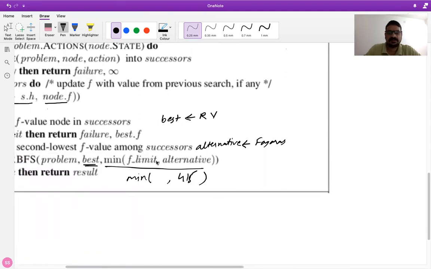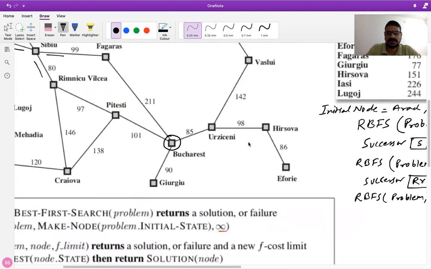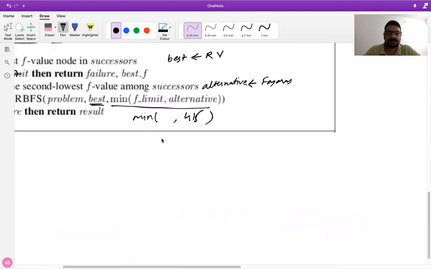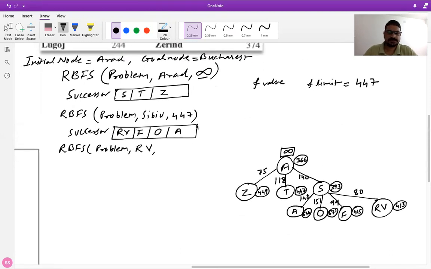My F limit, which we have already calculated, is 447. Whichever is minimum, definitely 415 is minimum. So I'll consider 415 here as the F limit. I hope you understood this.